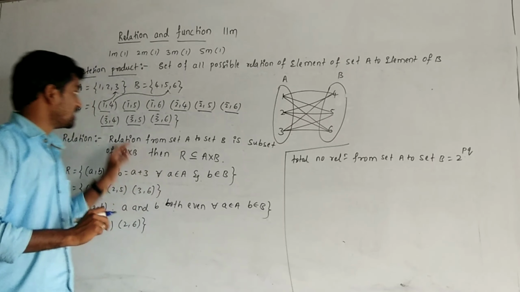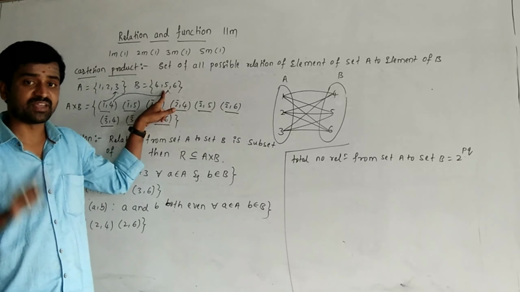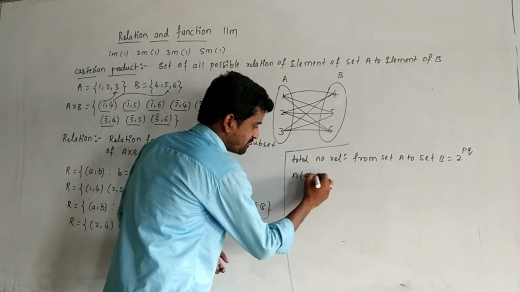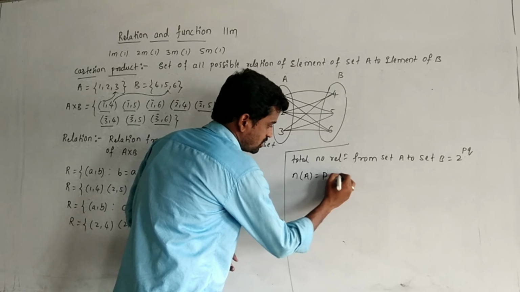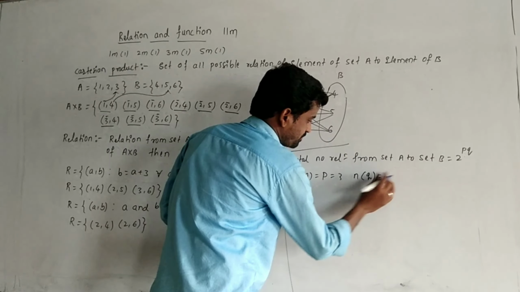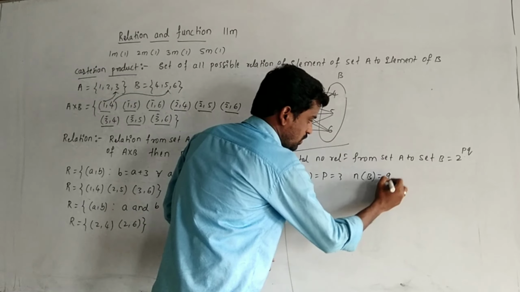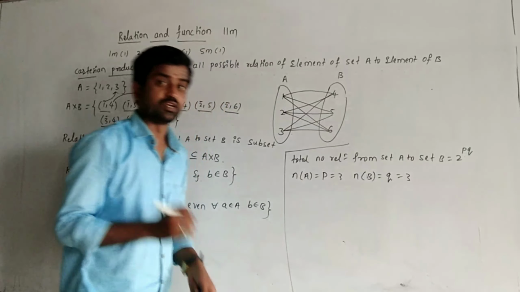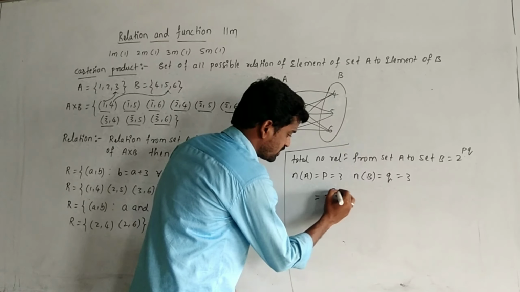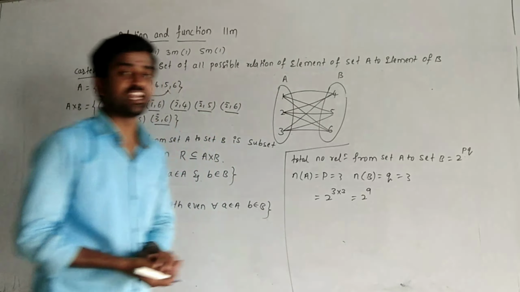P is number of element in set A. Q is number of element in set B. Number of element of set A is P equal to 3. Number of element in set B is Q equal to 3. Then total number of relation is 2 to the power of 3 into 3, equal to 2 to the power of 9 relation.